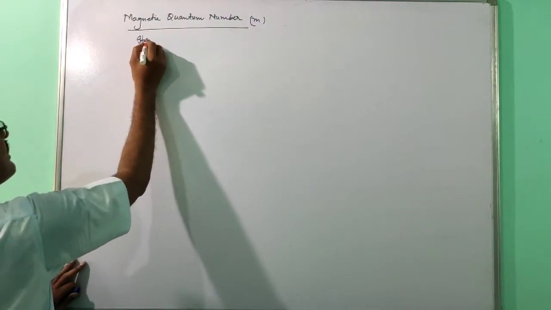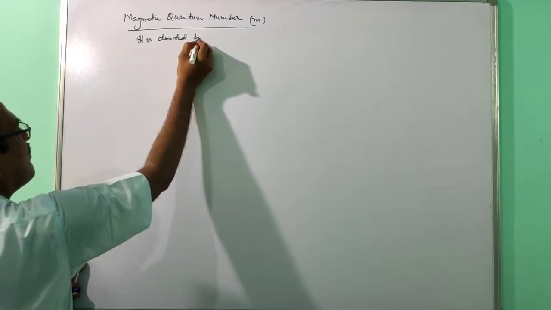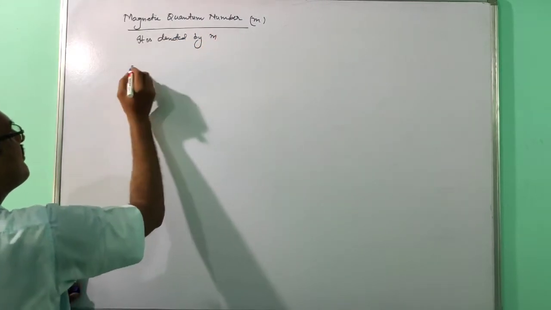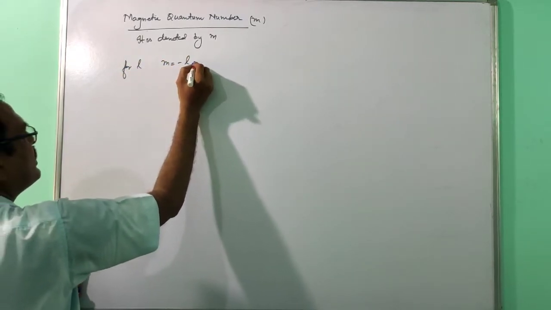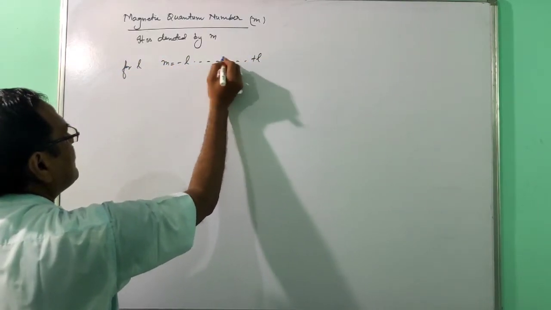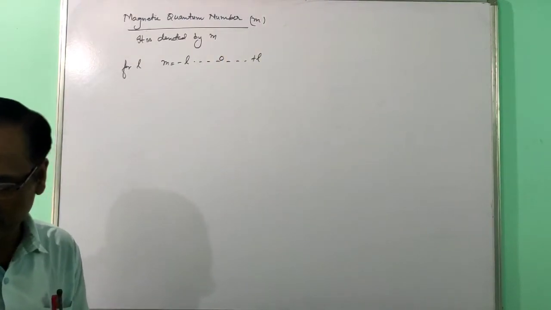For a given l, m is equal to minus l to plus l, with 0 in between.